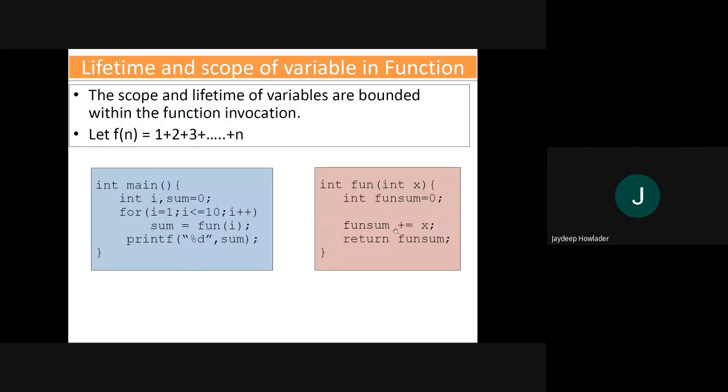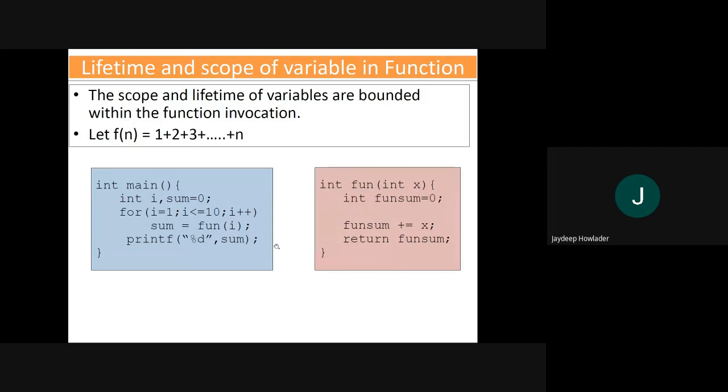So it will return 2, instead of 3. Understand? The previous value which was available in the function was 1. That value no longer exists in memory. That variable is destroyed whenever it returns from the function. You get this point? Yes, sir. So that is the difference.